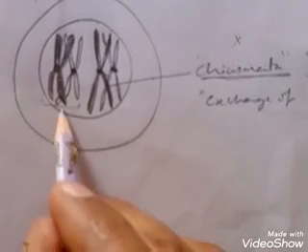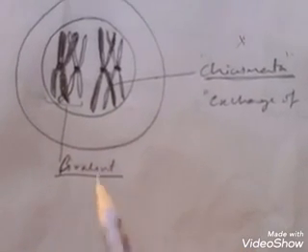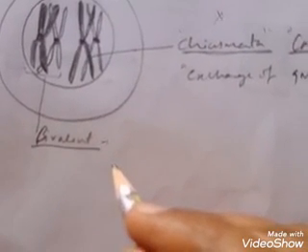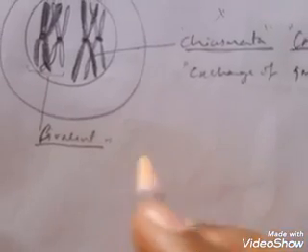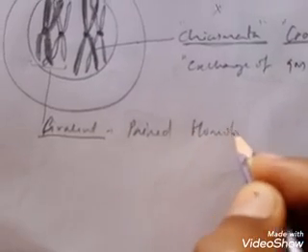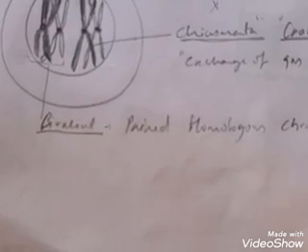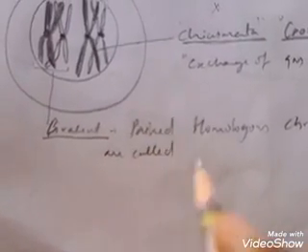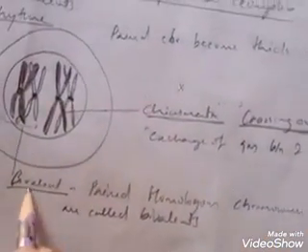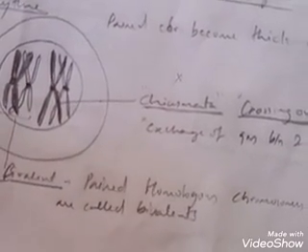So this is the bivalent, right? The paired homologous chromosomes are called bivalents, and each bivalent, that is each paired set of homologous chromosomes, has a tetrad.